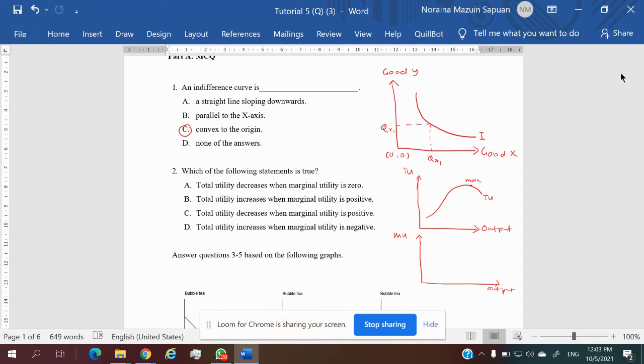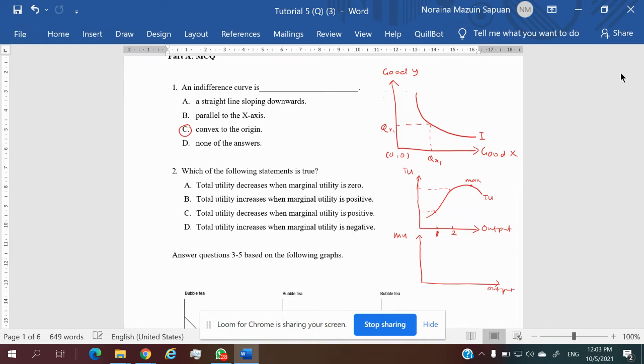When we consume more goods, let's say this is the first espresso that you drink, the total utility is here. The second espresso, you can see that the total utility increased to this point.